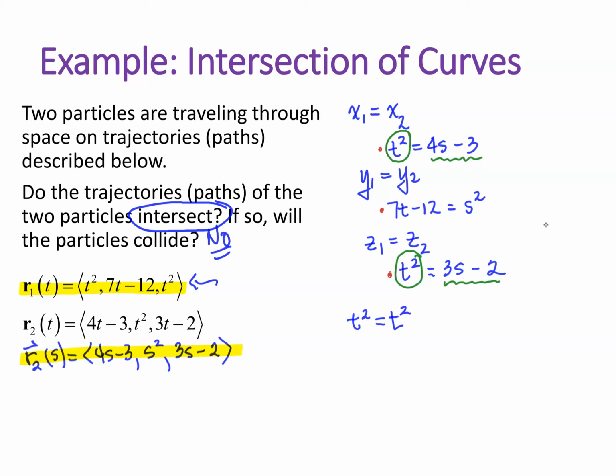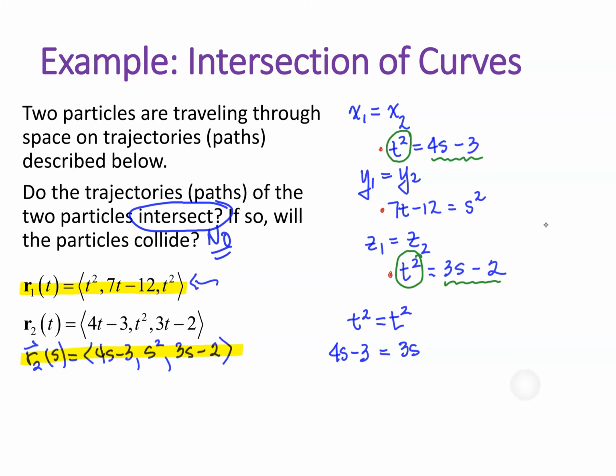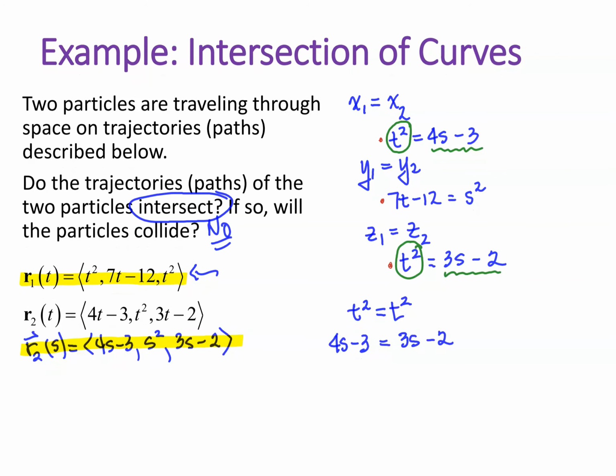For the x component, we know that t squared is equal to 4s minus 3. For the z component, we know that t squared is equal to 3s minus 2. So now we have a single equation in one variable s, so we can solve for s.